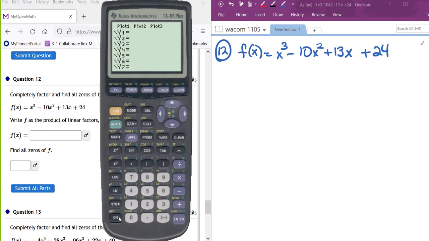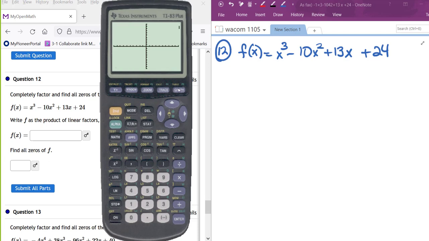All right, so we have x to the third minus 10x to the second plus 13x plus 24.